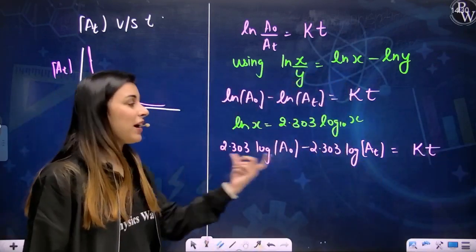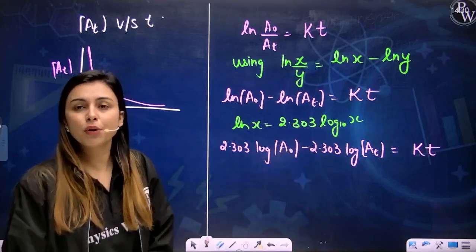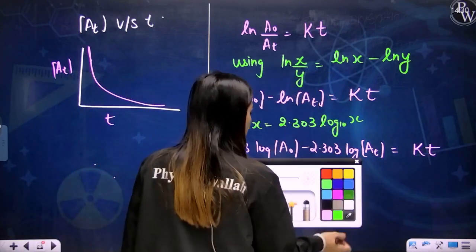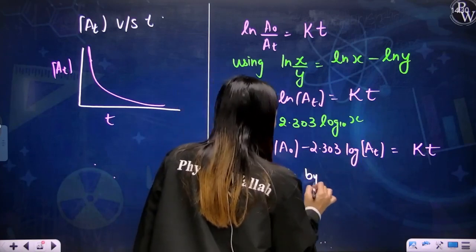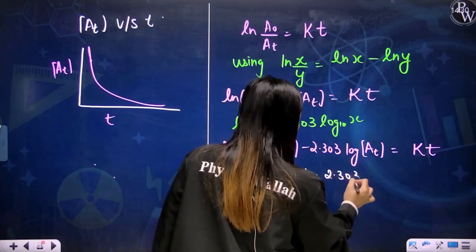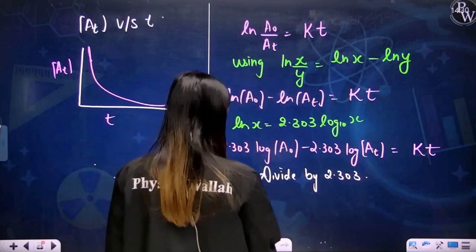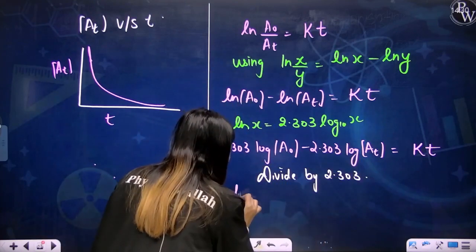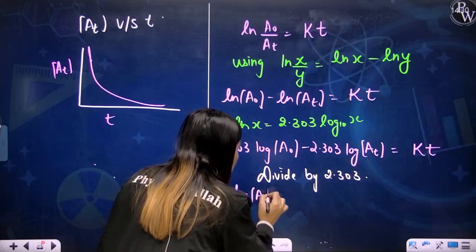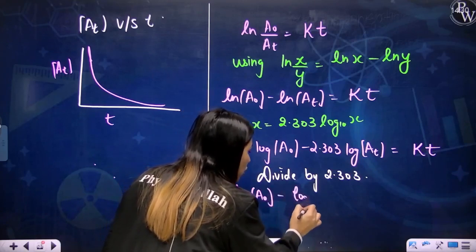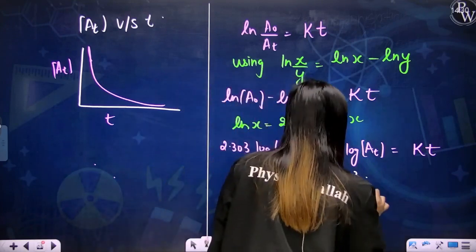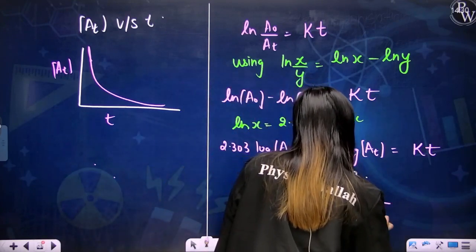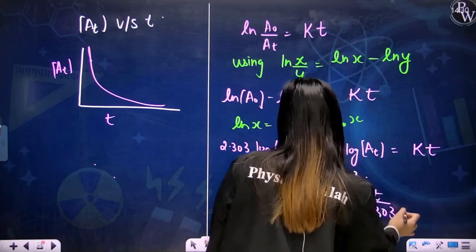Let's just divide the complete equation by 2.303. This will give you log of A naught minus log of AT as KT by 2.303. Right?